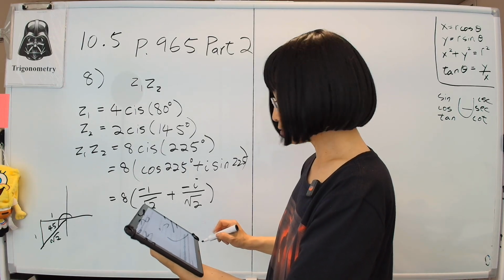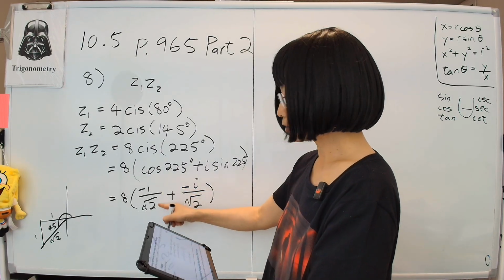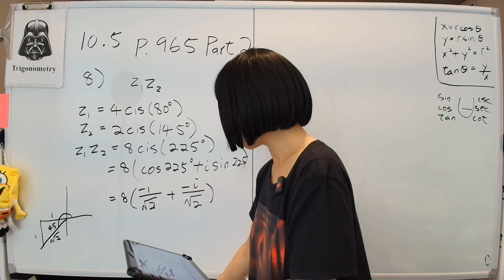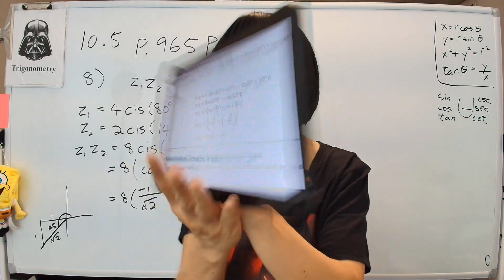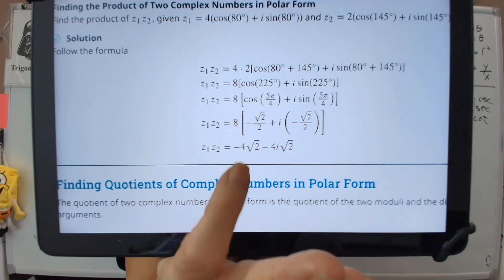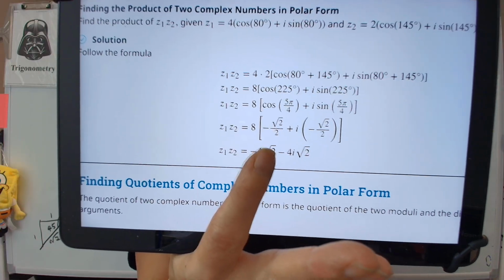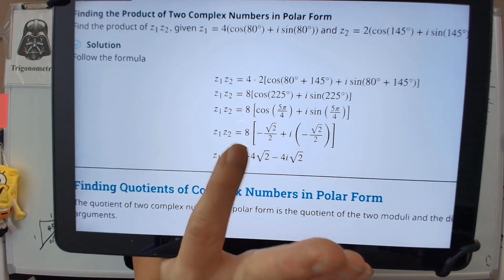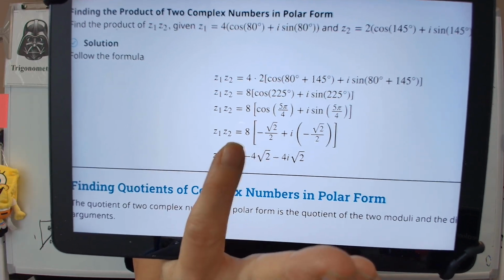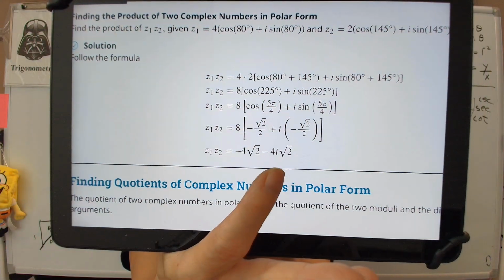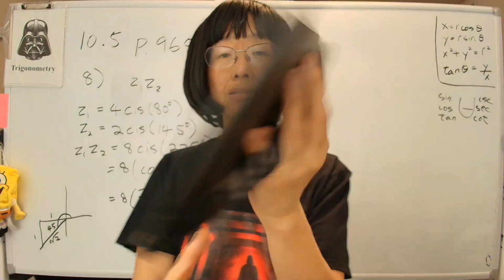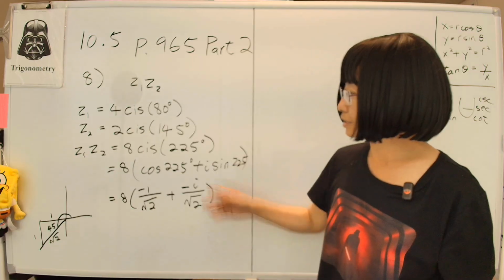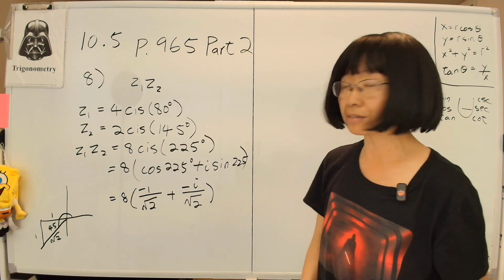We can also change this: 1 over square root of 2 is the same as square root of 2 over 2. That is the radical manipulation. Once you do that, you can also cancel out the 8, and so it becomes 4, and that is the final answer. I would think that leaving it like this should be equally valid.